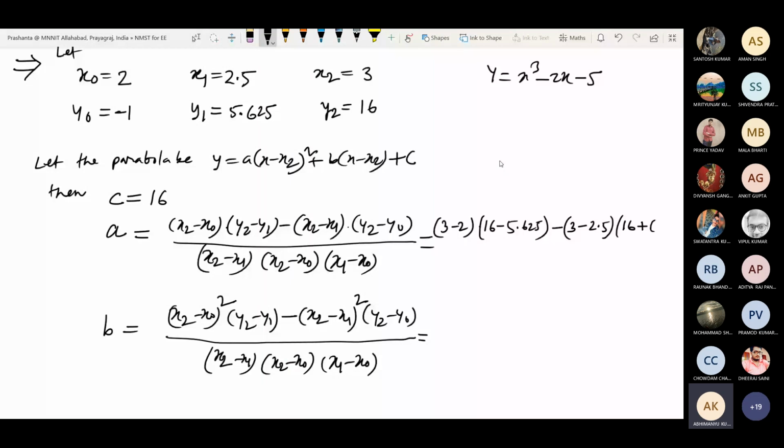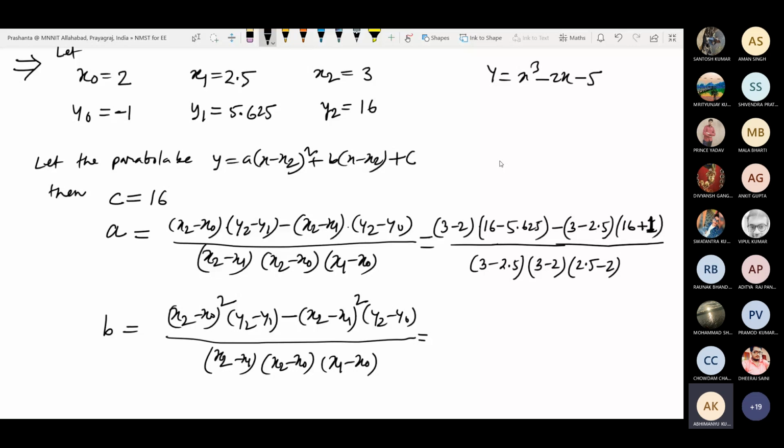Okay, by x2 minus x1, so that is 0.5. So 3 minus 2.5. Next is x2 minus x0, so that is 3 minus 2, and last one will be 2.5 minus 2.